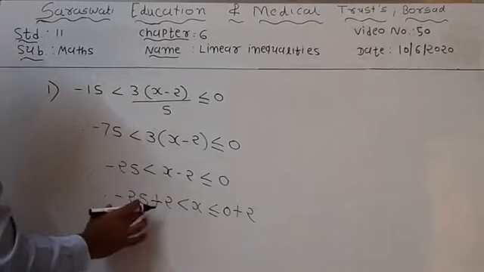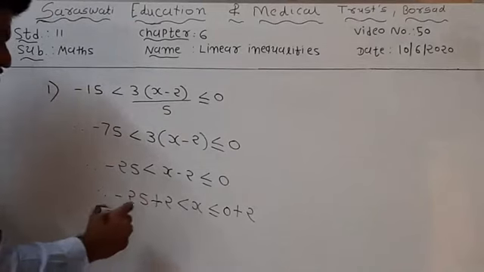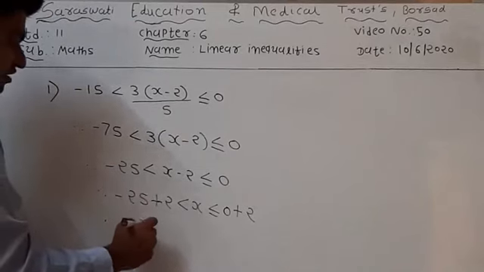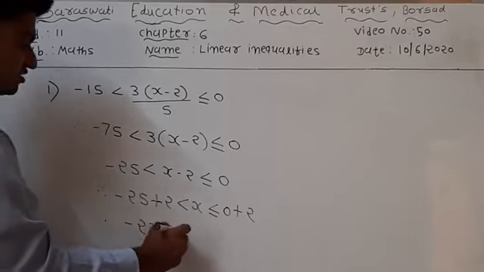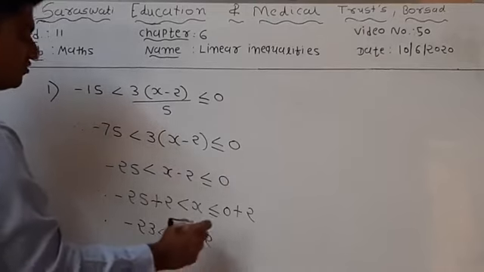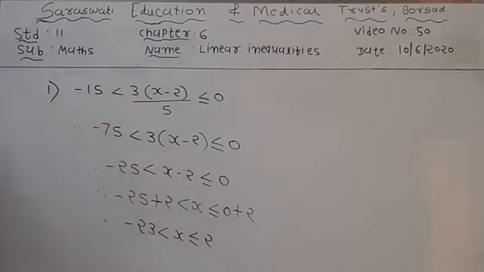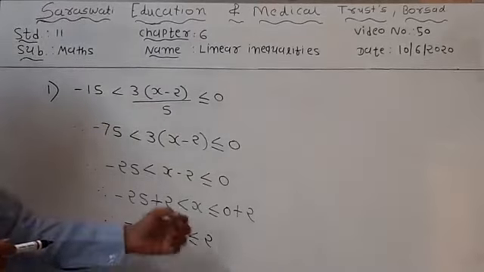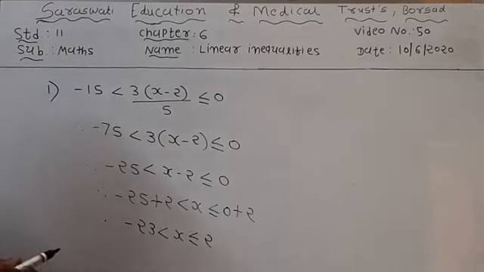So minus 23 less than x less than or equal to 2. So our answer is minus 23 less than x less than or equal to 2.